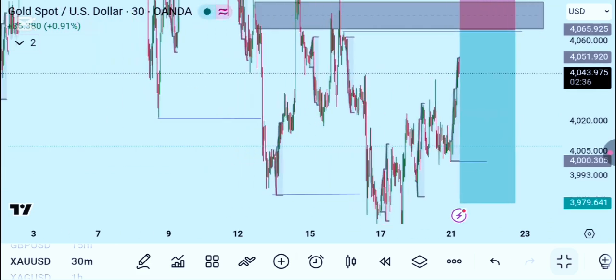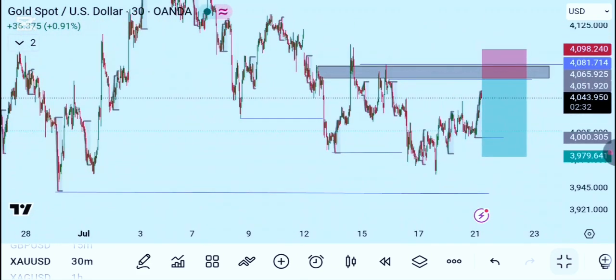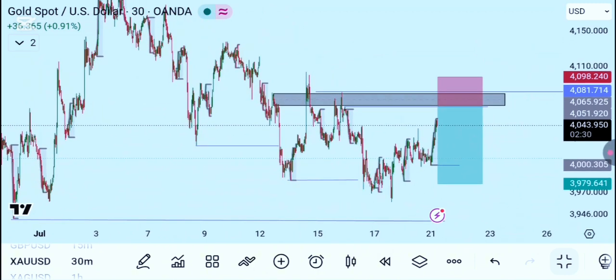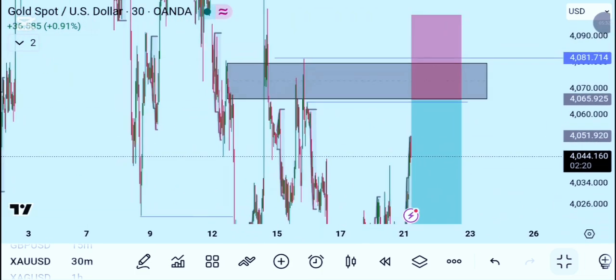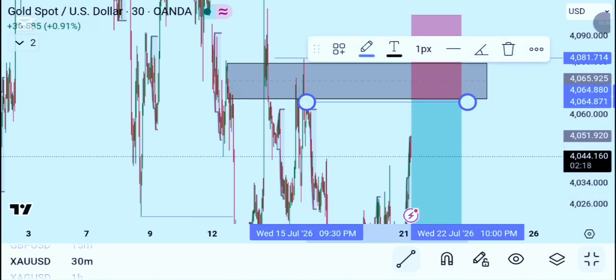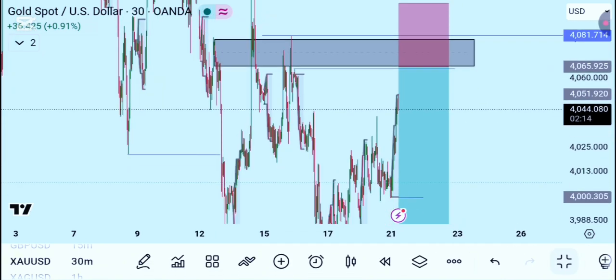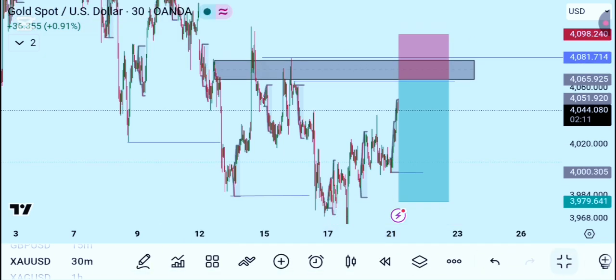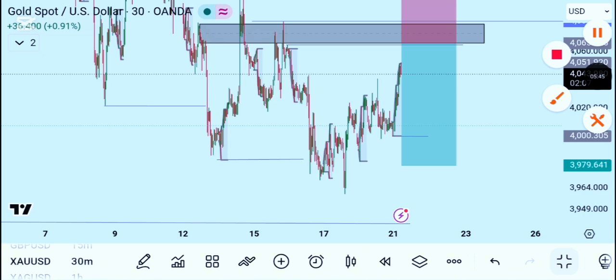So the very first thing we did, we identified market direction, which we clearly saw was a downtrend, and then we identified market structures, which is our break of structure. Our liquidity was identified, which is this liquidity right here before this supply zone, and then we marked our zones, which is this supply zone, and then we place our entry. So that is my strategy. Easy. It's not hard. It's very simple.